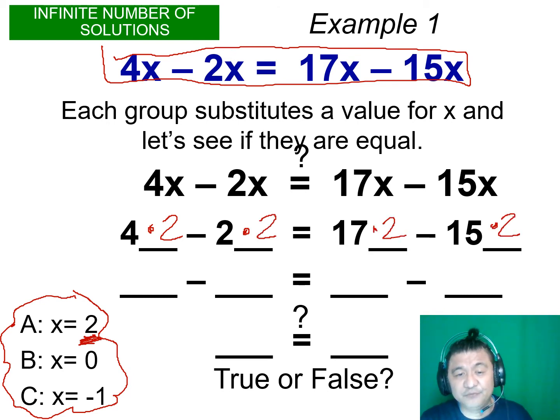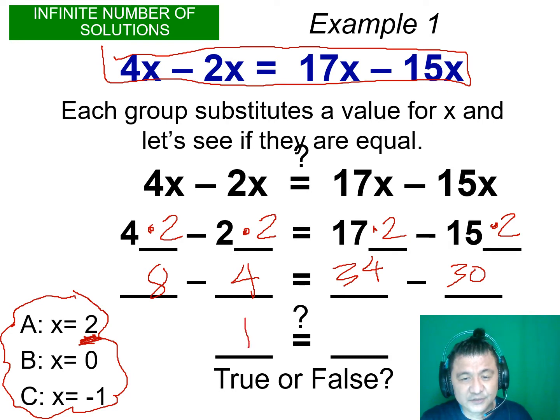We want to know if the equation will be true. 2 times 2 is 4. This is 34. This is 30. The left side subtracted is 4. The right side subtracted is 4. If the left side is equal to the right side, then it is a true solution. Okay? It works. Now, let's try another one.